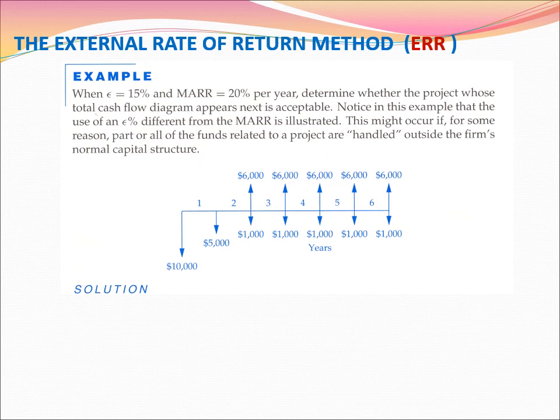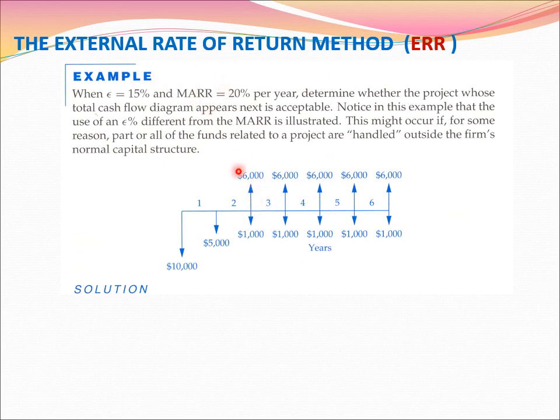This is another example for external rate of return. It says that the external interest rate is 15% and MARR is 20%. Look, now the external interest rate is given different than MARR. Sometimes it can be. So what does it mean?